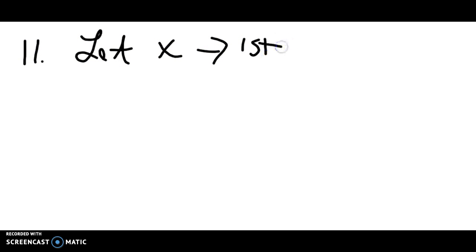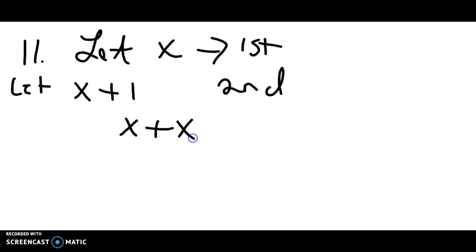So now let's go on to number 11. Let x be the first number, and this time it says two consecutive numbers. So then we're going to say let x plus 1 again be your second, but this time it's going to equal 85. So x plus 1, and it equals 85.